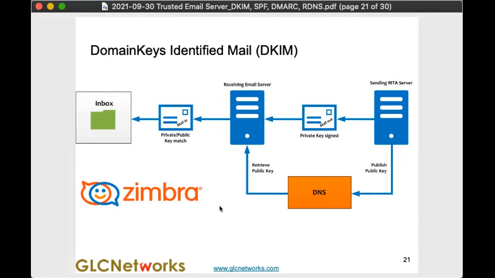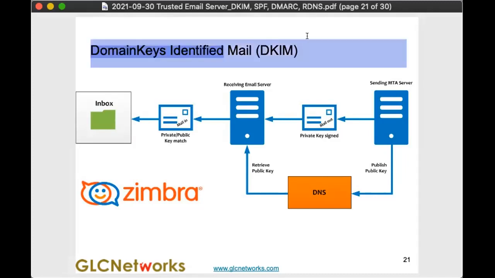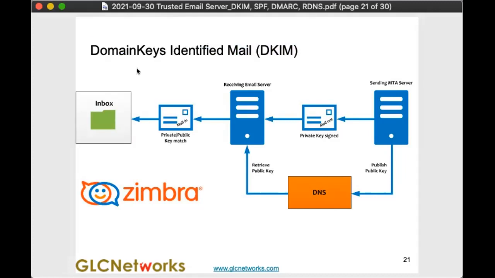DKIM is DomainKeys Identified Mail. The way it works is this is your sending MTA and this is the receiving one. Every email that you send, you add the DKIM key.